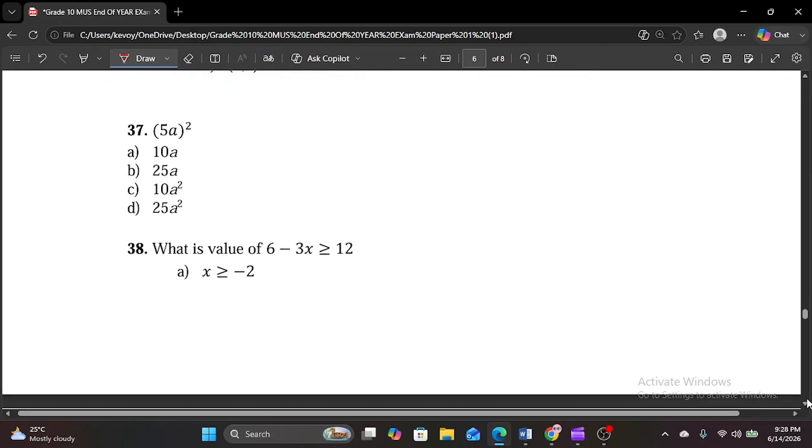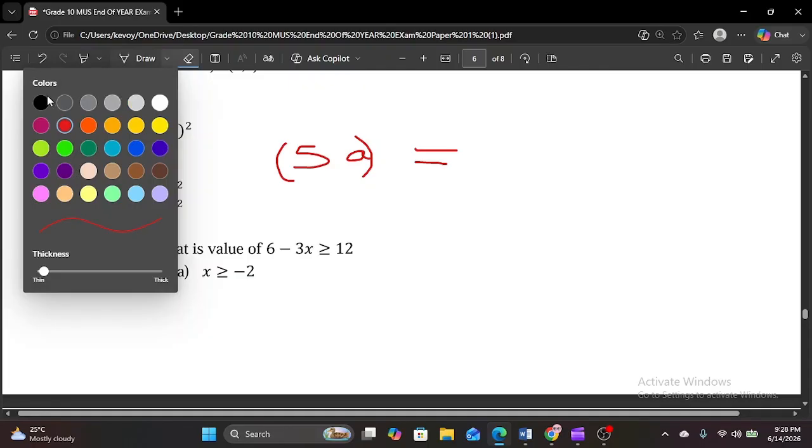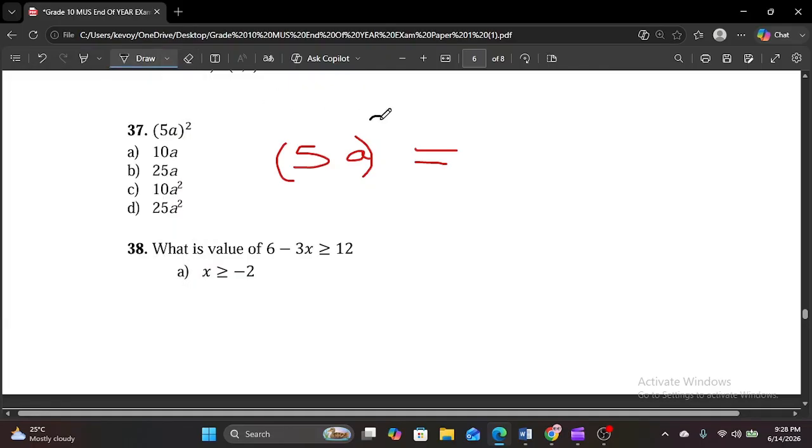So A. All right. What is 5A squared? That's equal to. So all of this was being squared. So that's going to be equal to 5A times 5A.